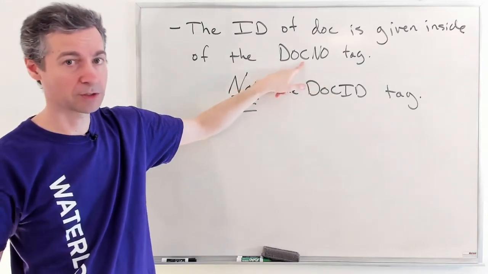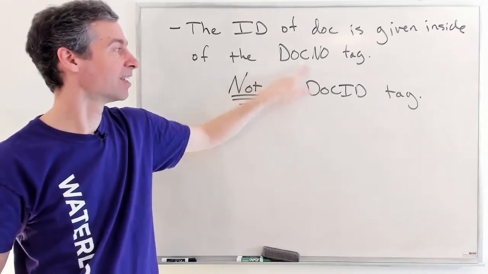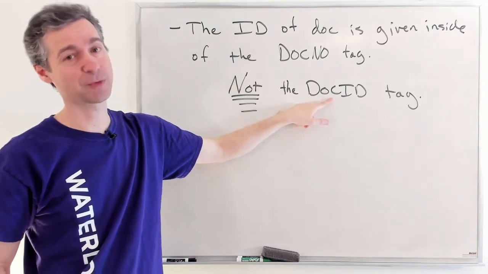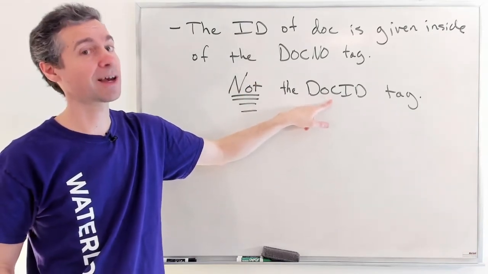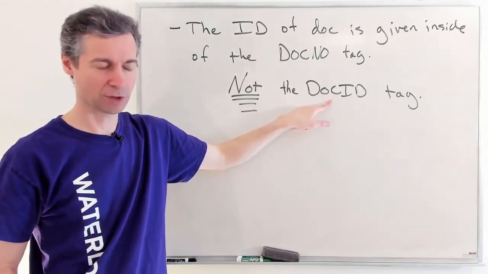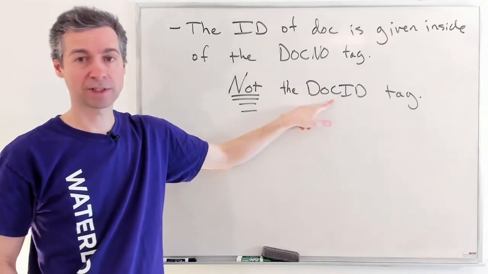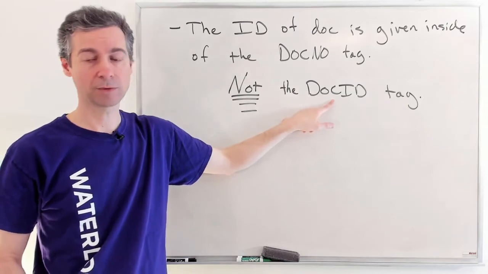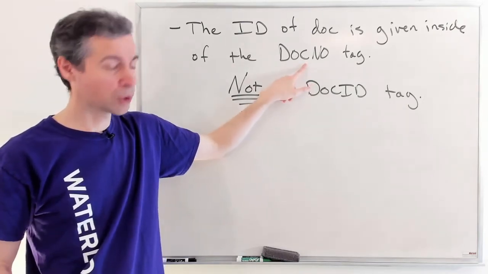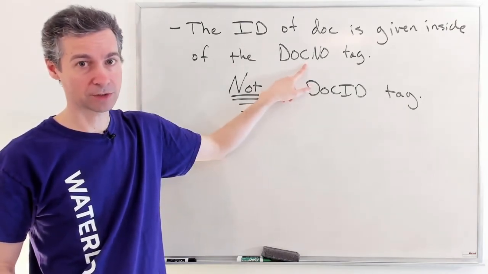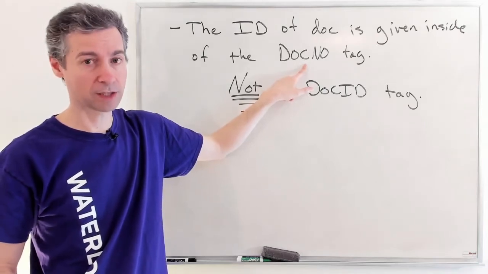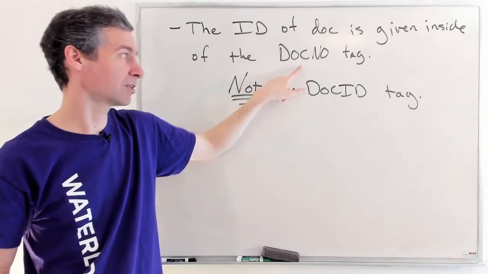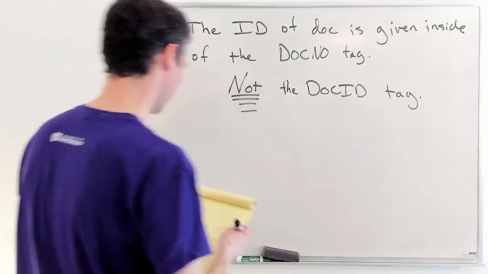This is the one that you want, okay? It sure does look like we want this one. It says it's the doc ID tag. We don't. The doc ID is a document identifier from the LA Times. That's not what we're looking for. We want the one that the National Institute of Standards and Technology gave it. We want the docno tag.